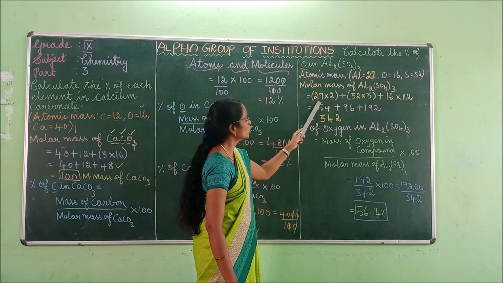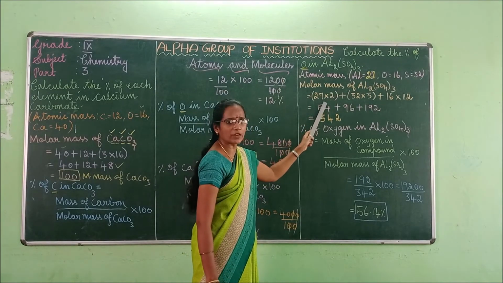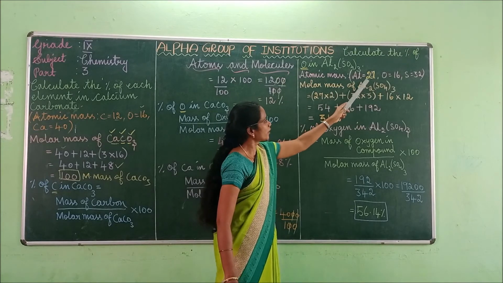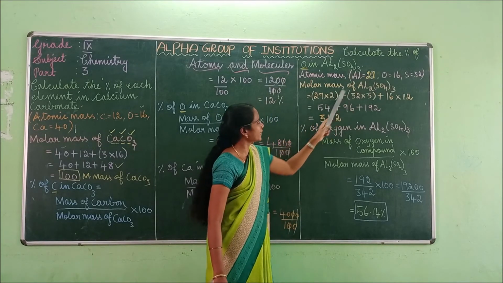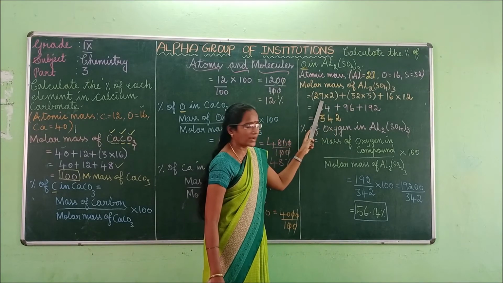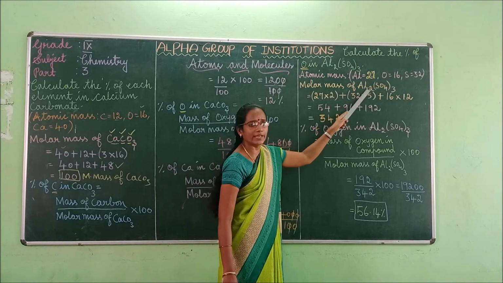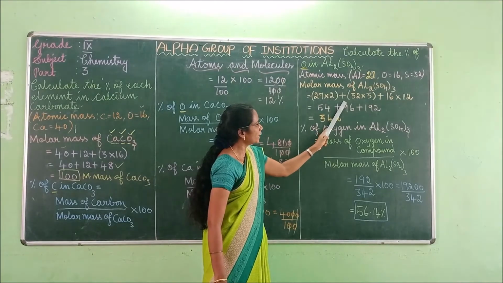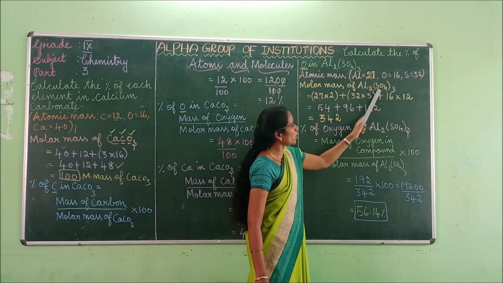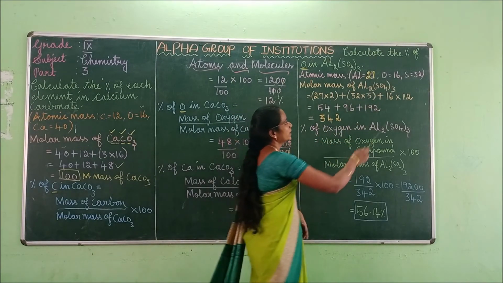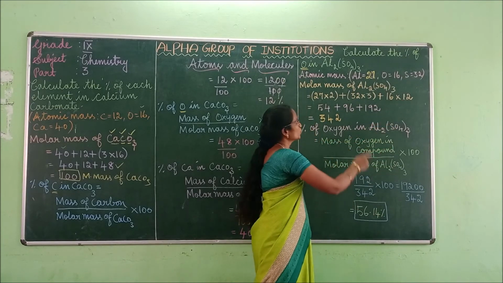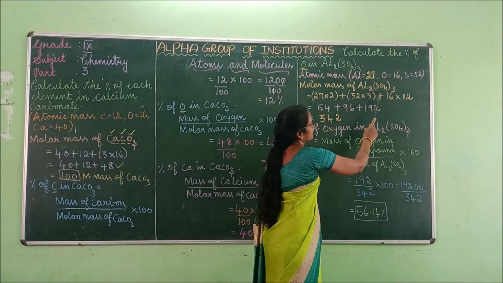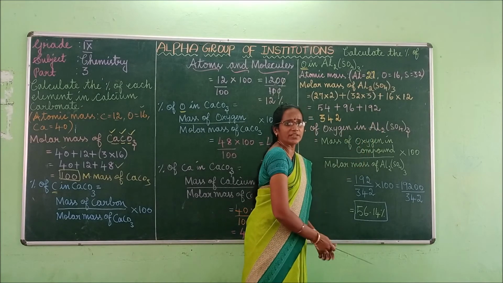Next, the molar mass of aluminium sulfate is 27 into 2. What is the atomic mass of aluminium? It is 27, into how many aluminium atoms are present here? 2, so 27 into 2, plus sulfur. What is the atomic mass of sulfur? It is given as 32. So 32 into 3, because see here, SO4 thrice is given, isn't it?